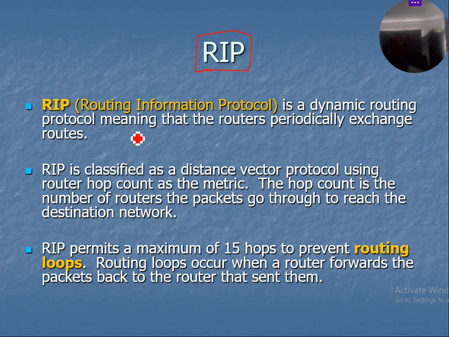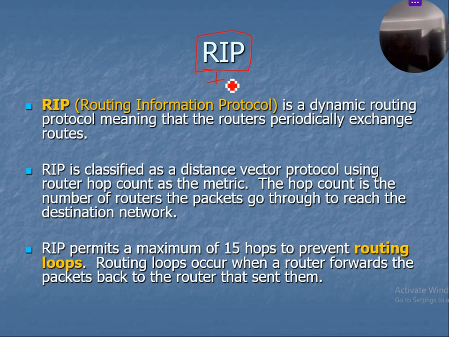Now the Routing Information Protocol is a dynamic routing protocol, meaning a router can periodically send its routing table to its neighbor routers. So that's what we mean by a distance vector routing protocol, or what we probably call a dynamic routing protocol.